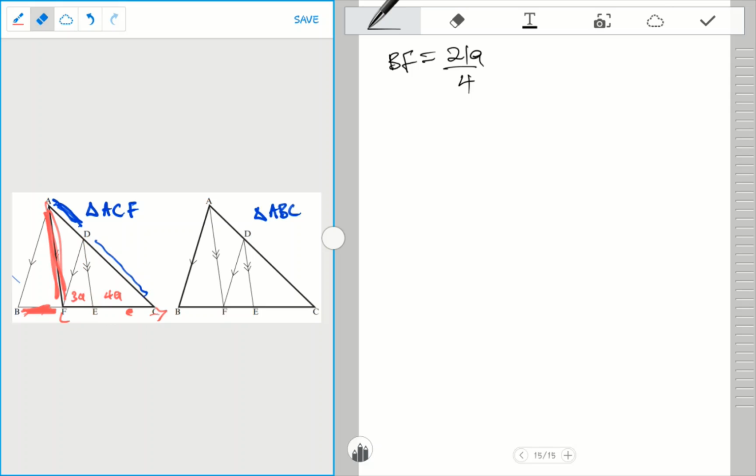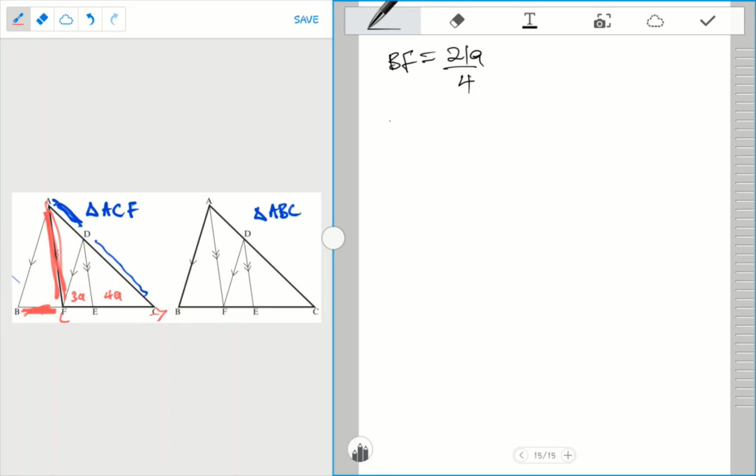I'm trying to check this, which is E and C. So EC over BF is equal to, what is our EC? Our EC is 4A, divided by BF, which is 21A over 4.